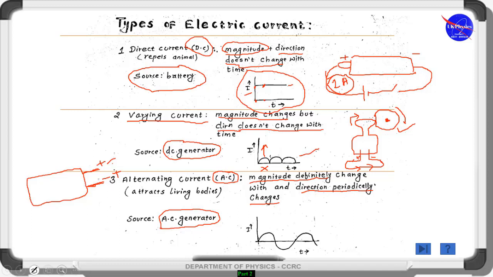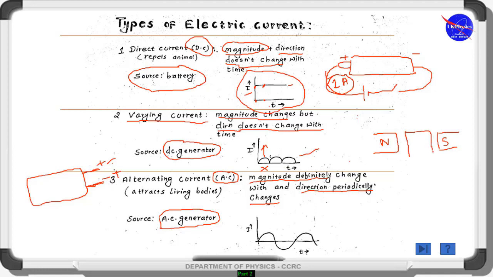This happens because, suppose inside the generator there is a permanent magnet of N pole and a permanent magnet of S pole, inside of which there is a coil and this coil always rotates.